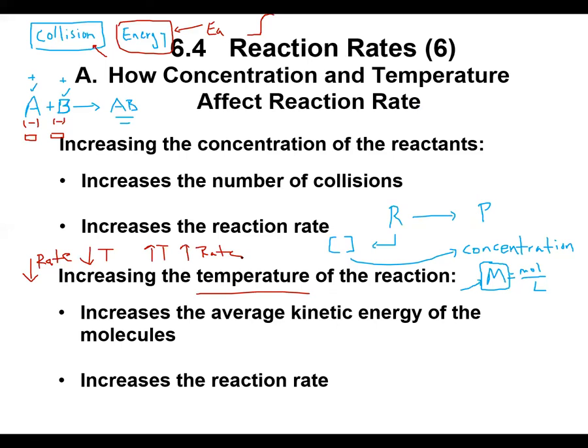Not 100% of the reactions, but usually it'll double the rate of a lot of reactions. So concentration and temperature are really important in terms of how fast or slow a reaction will occur. And that is really what we were talking about when we talk about rates of reactions. It's basically how fast or slow a reaction will occur.